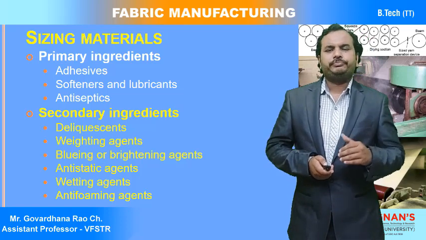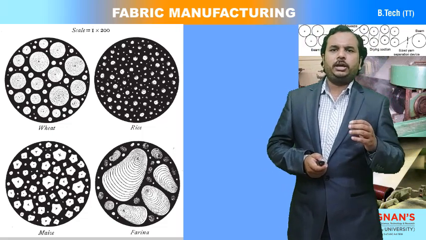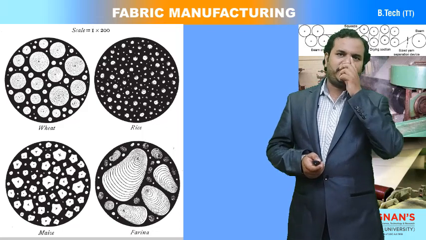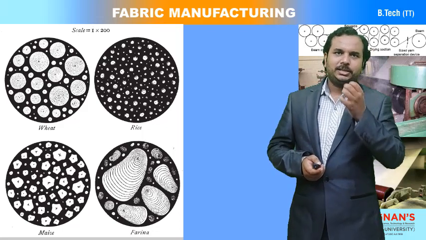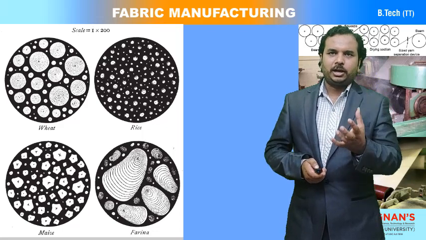Here I have given small images of the granules of different size materials: wheat, rice, maize and farina, tapioca and sago.